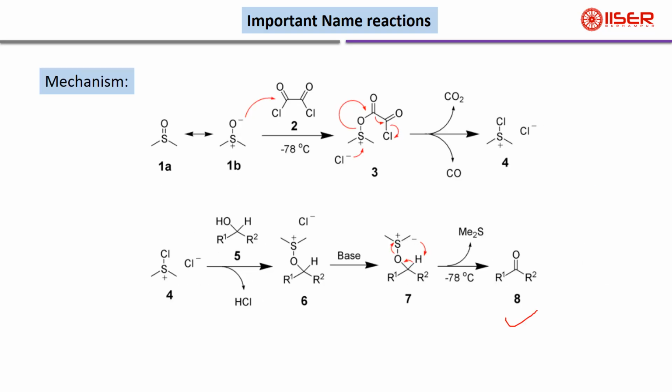Just try to notice the similarities. In the case of Me2S, the sulfur was itself attacking the NCS, whereas in this case the oxygen atom is attacking, and further then chlorine is attacking the sulfur, forming this intermediate 4. But in general the mechanism is almost similar.